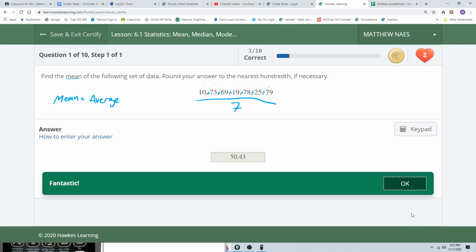That's an answer. Now, there is another way to do this. If you're familiar with Excel, that's fine. If you don't have it, you can use Google Sheets, which is what I'm going to do. It's the same formula, so it doesn't really make a difference.